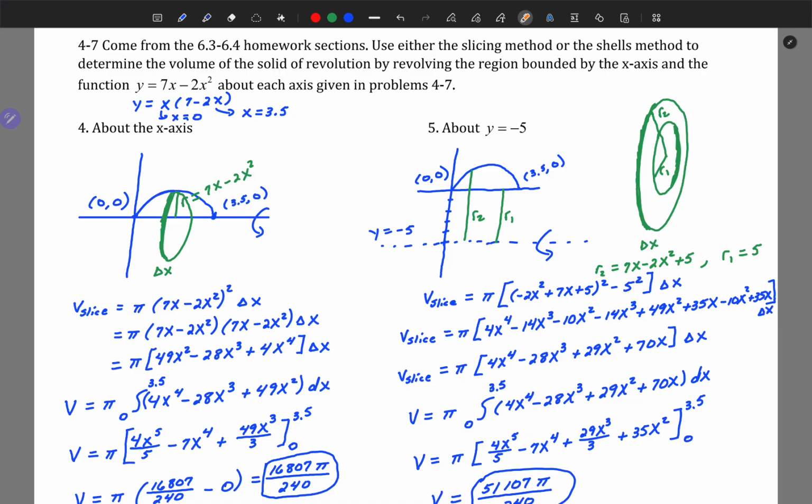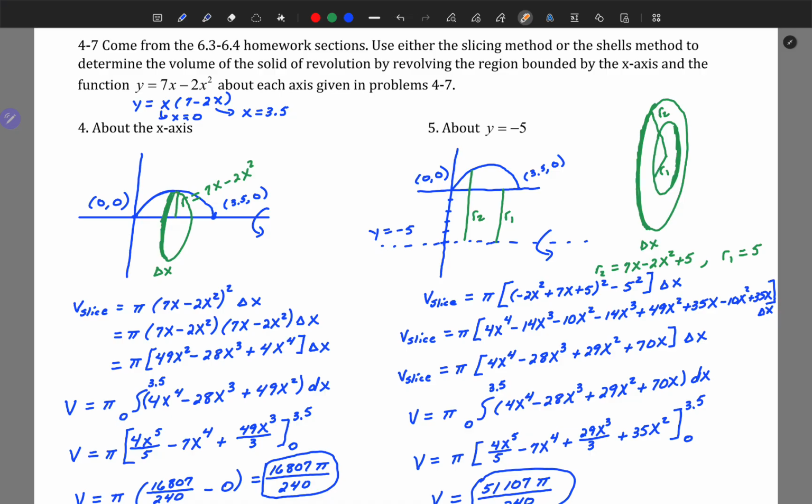So I can say, well, okay, I'm taking this region bound by this curve and the x-axis, revolving it about the x-axis. I went ahead and drew an arbitrary portion of that rotation here, an arbitrary slice. Every slice that I could draw, whether it's here at the beginning, here at the end, or somewhere in the middle like this, is going to have this formula for the radius that's just the height of the curve.